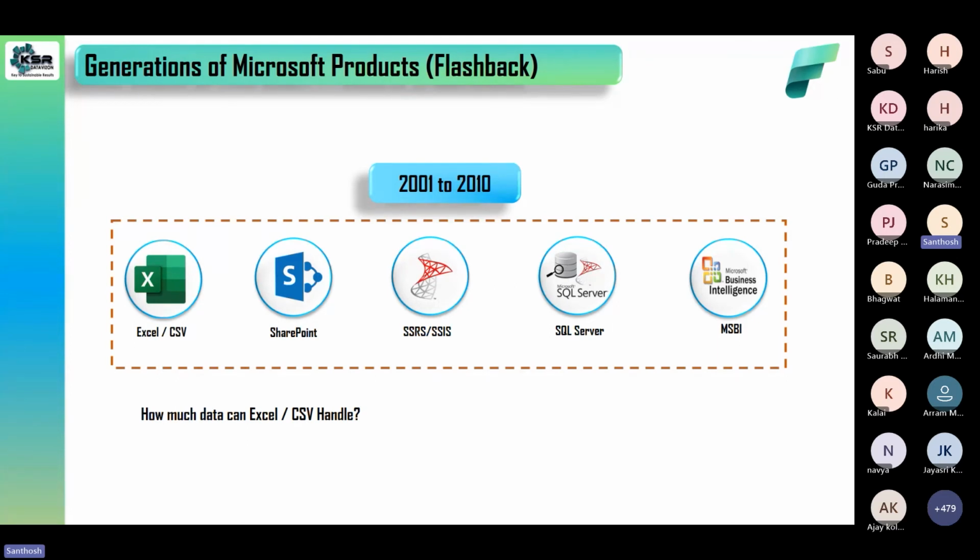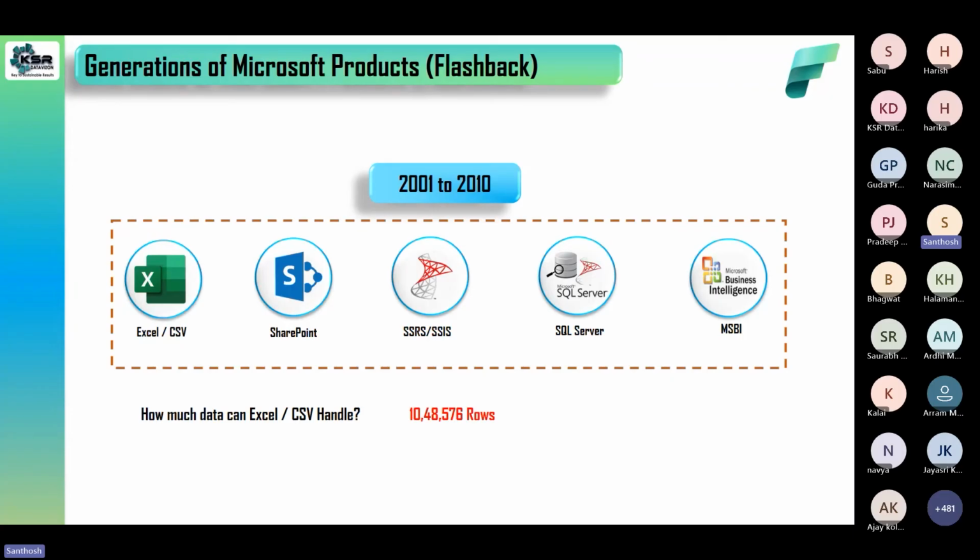Now, how much data can Excel handle? It's going to be 10 lakh rows. That means 1 million. The maximum records that you can store in Excel is 1 million, right?